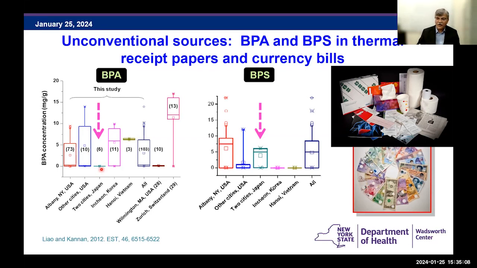So what is found in receipt paper is reflected in urine, which means that the receipt papers are an important source of exposure to BPA. When we published our study, Harvard University conducted some studies with the cashiers and the bank tellers. They did some intervention study to prove that receipt papers are an important source of exposure to BPA.